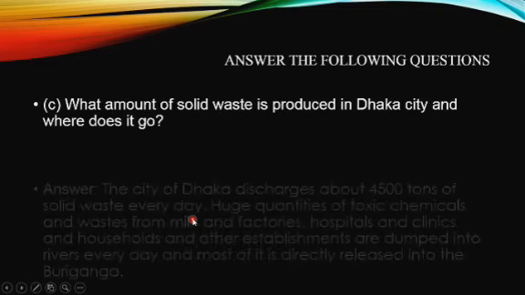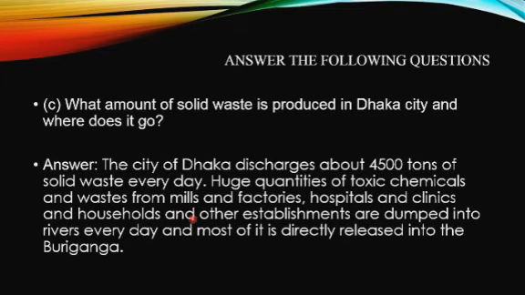So our answer should be, the city of Dhaka discharges about 4,500 tons of solid waste every day. Huge quantities of toxic chemicals and wastes from mills and factories, hospitals and clinics, households and other establishments are dumped into rivers every day, and most of it is directly released into the Buriganga.